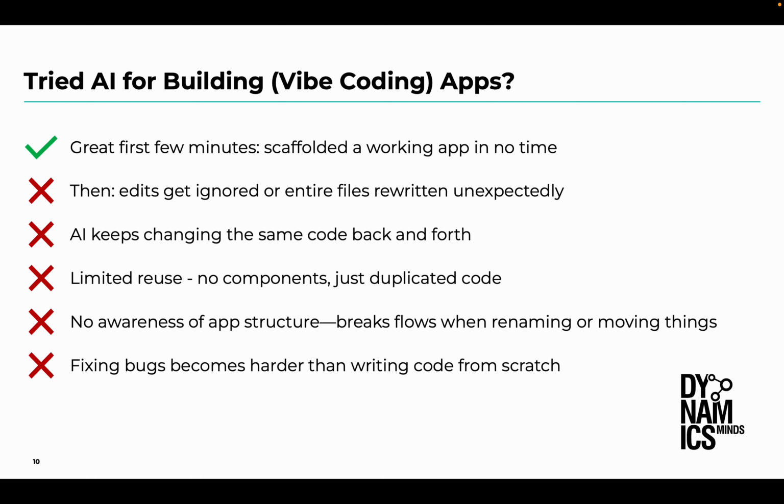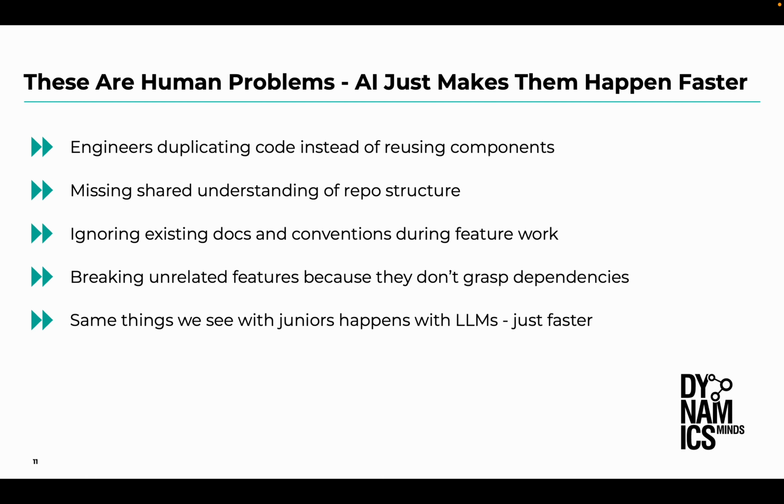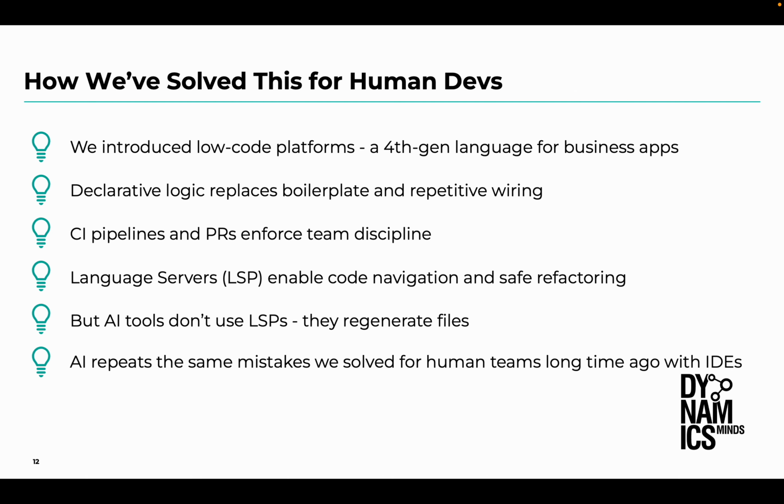And I think with human teams, because I've been working with human programmers for quite some time, there are similar problems. They're duplicating code. They don't read the documentation. They're not trying to understand the whole code base. And we've built a lot of processes and things to fix that for people.